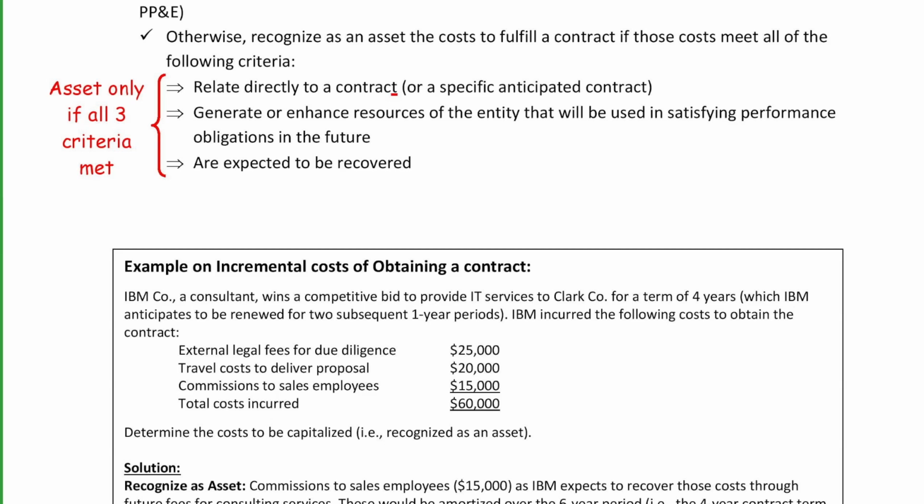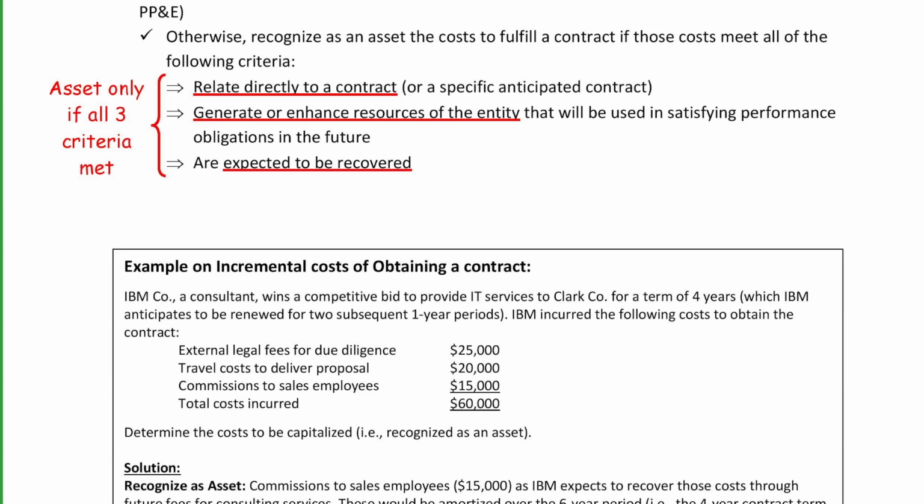So the first criteria is they relate directly to a contract. Second one, they generate or enhance resources of the entity that will be used in satisfying performance obligations in the future. And these costs are expected to be recovered. Now, to understand these better, let's look at a couple of examples.